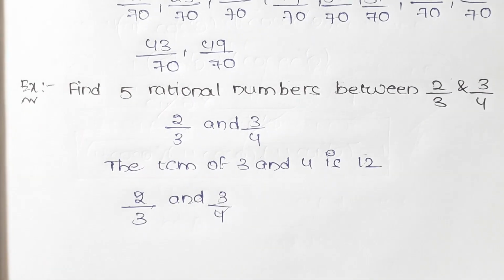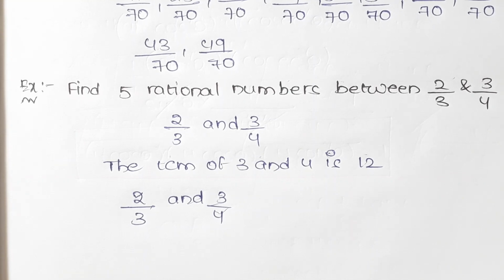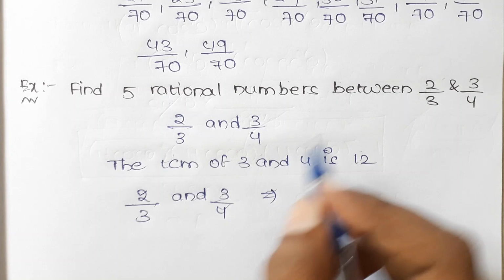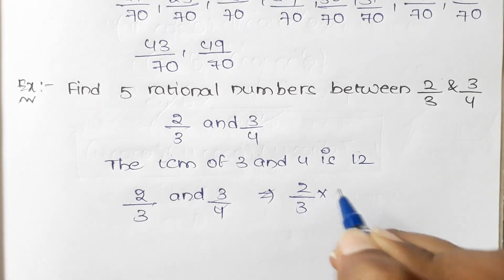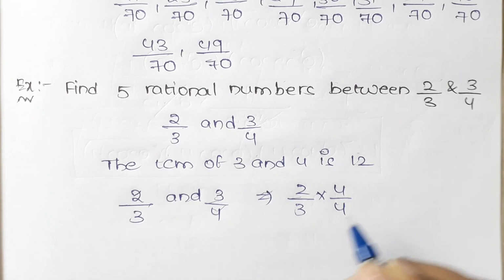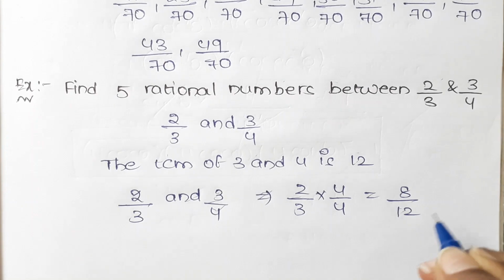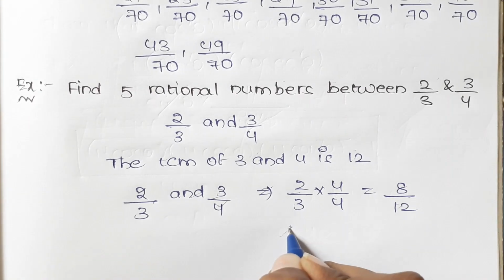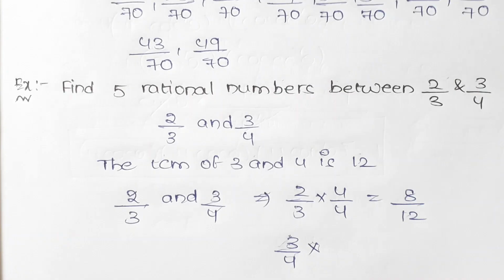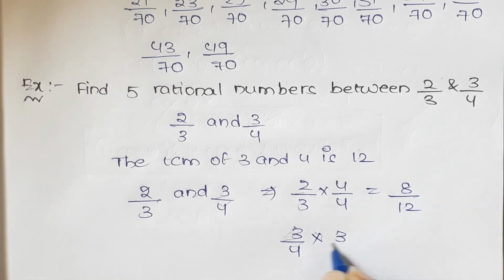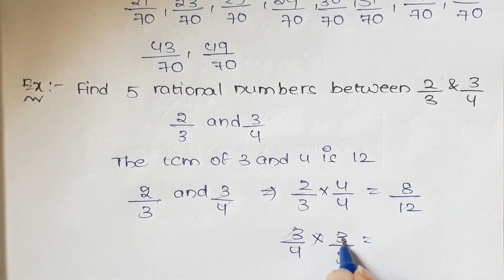Now the equivalent rational numbers for these two: 2 by 3 should be multiplied and divided with 4, then we will get the same denominator, that is 2 4s are 8 and 3 4s are 12. Similarly for 3 by 4, we multiply with 3 by 3, that is 3 3s are 9 and 12.